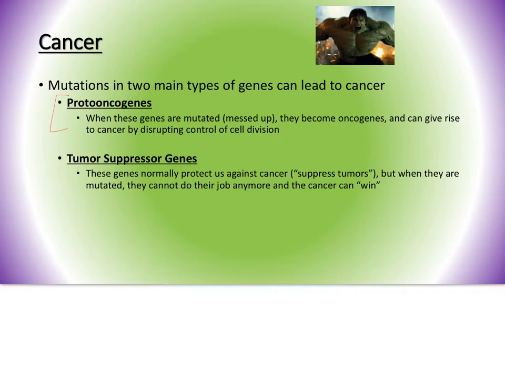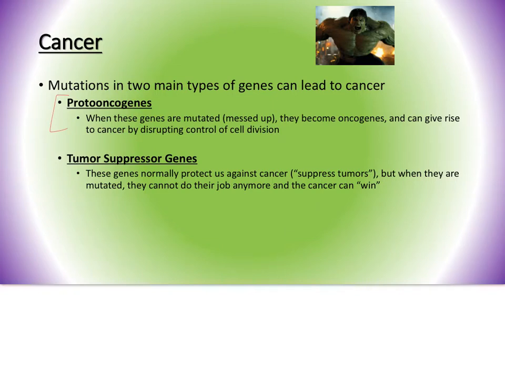So proto-oncogenes are genes that generally promote cell division in a good way, when we need cell division to occur. But if these proto-oncogenes get mutated or messed up, they can become oncogenes and become too active, right? And then those oncogenes are pushing cell division too much, and you don't have control of it anymore, and you get too much growth.